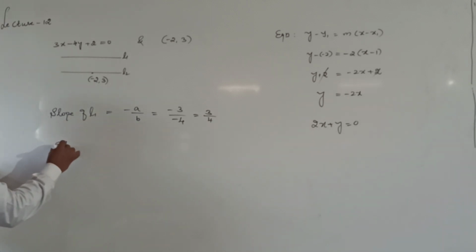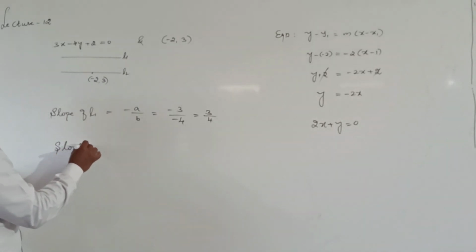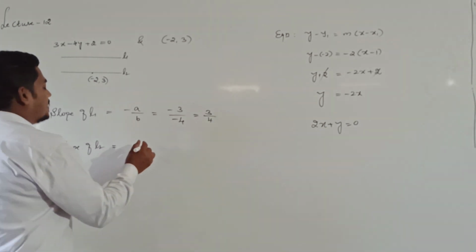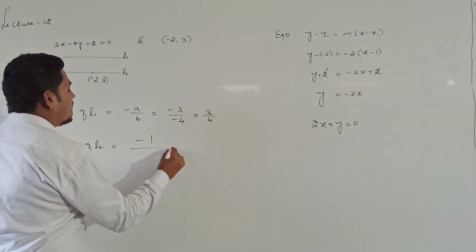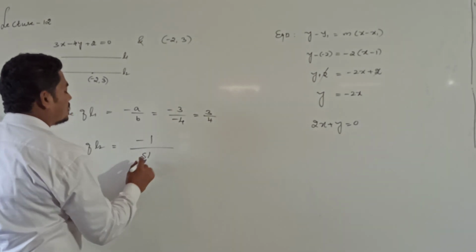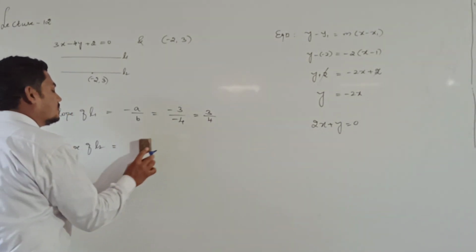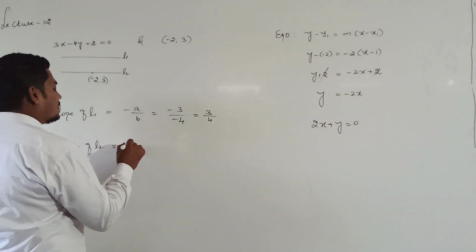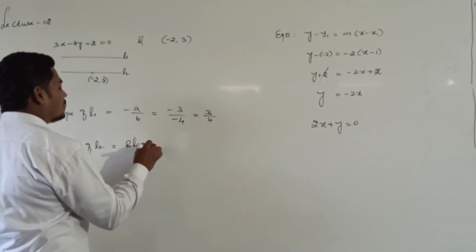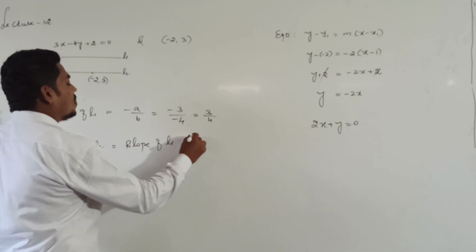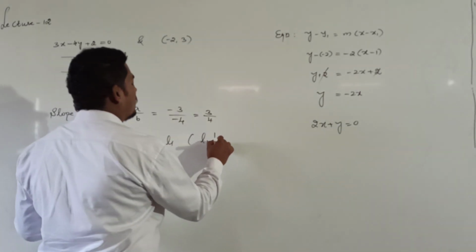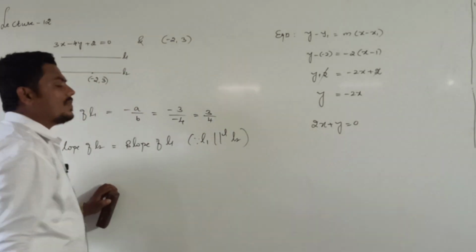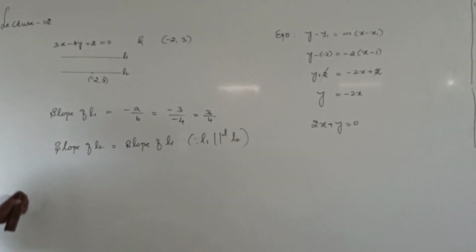Then tell me what is the slope of L2. L2 is our required line. The slope of L2 is the same as the slope of L1. Why? Because L1 is parallel to L2. If two lines are parallel, then their slopes are equal, right?